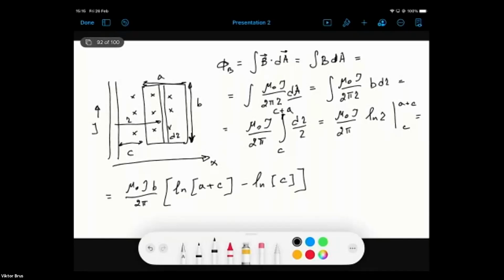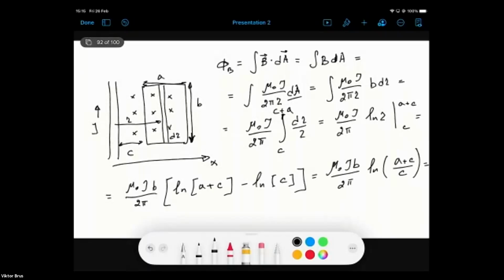Taking into account features of logarithms, that the difference of logarithms is equal to the logarithm of the ratio, we'll get mu naught times I times b over 2 pi natural logarithm of a plus c over c.